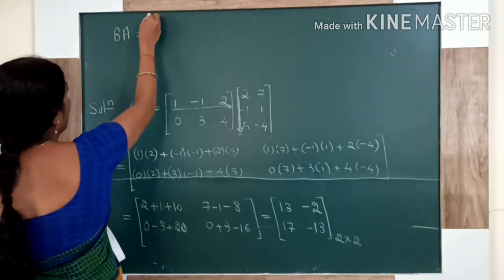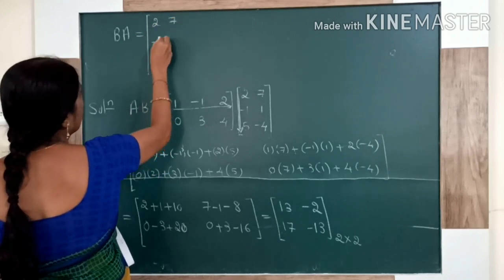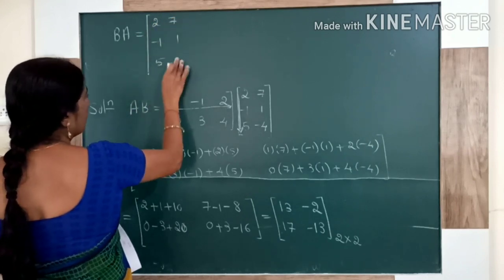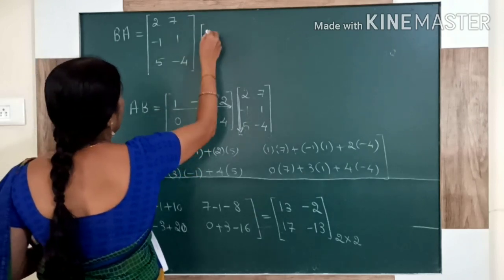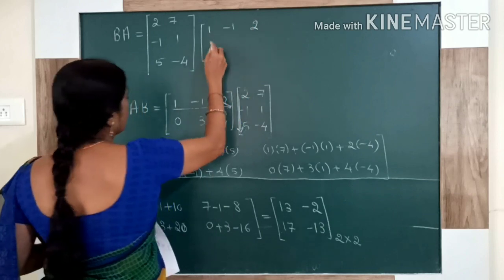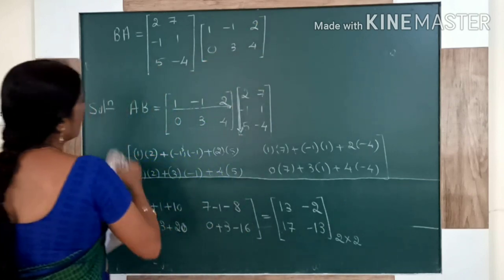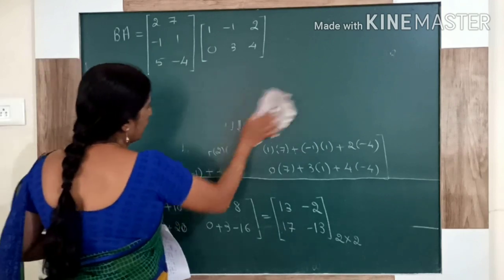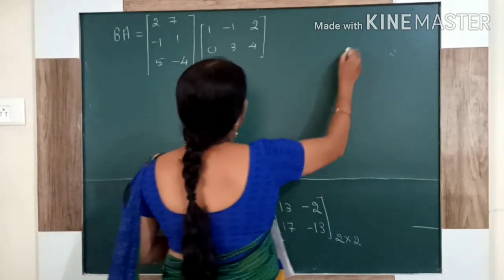Here first we have to write matrix B. Then write down matrix A. So on the side, check whether the multiplication is possible or not.